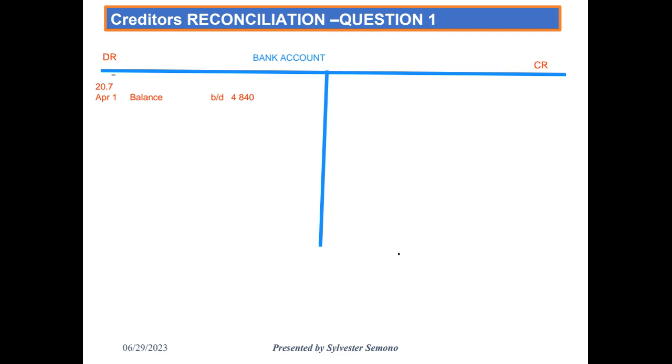And then the second step. We now report the totals. So the total of the CRJ will go on the debit side, and the total of the CPJ will go on the credit side. Total receipts from CRJ. How much? 22,810. Thank you.